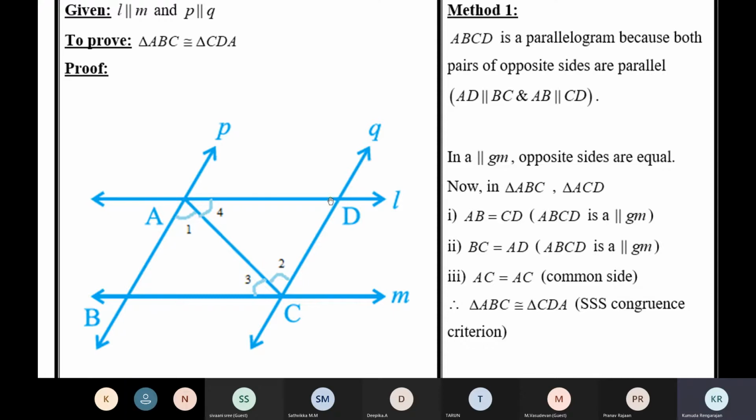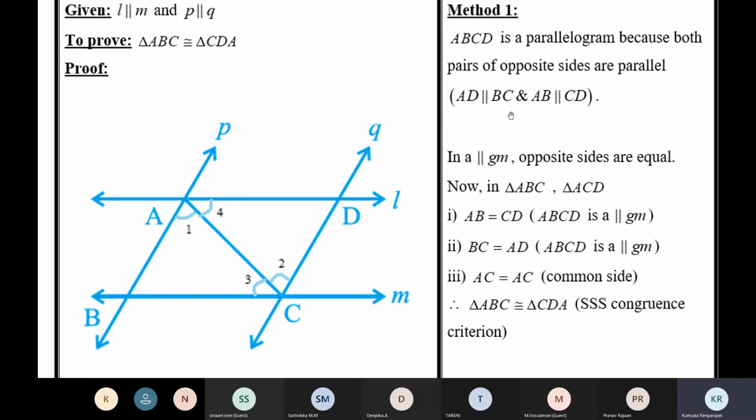AD is a line segment of L, and similarly, BC is a segment of the line M. But we know that L is parallel to M. So any segment of L will also be parallel to any segment of M. So since L is parallel to M, AD is parallel to BC. AD, which is a part of L, will be parallel to BC, which is a part of M.